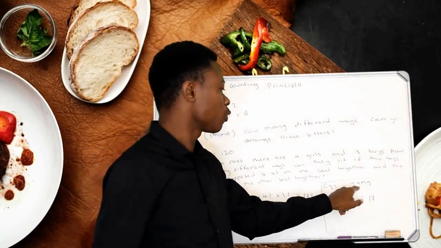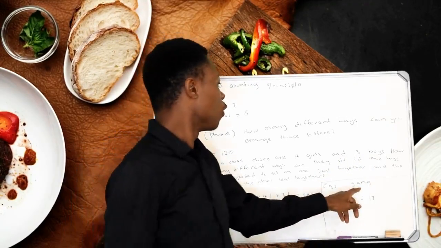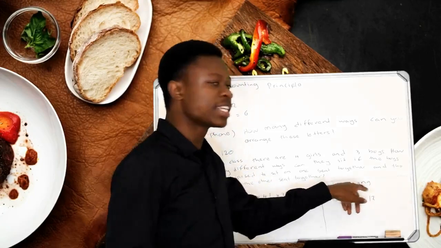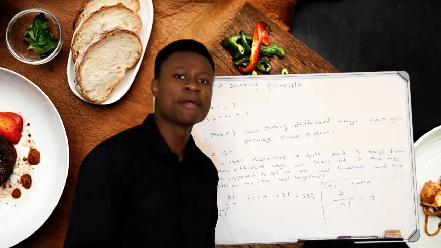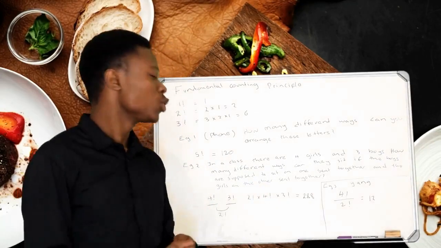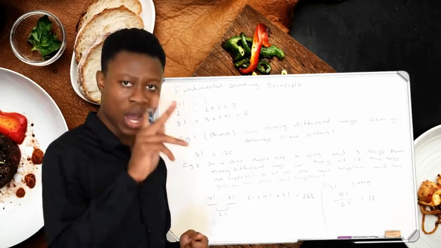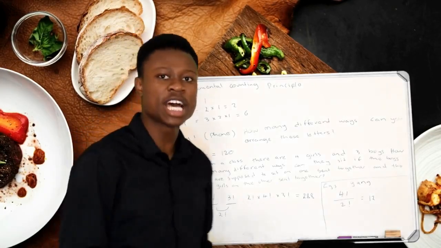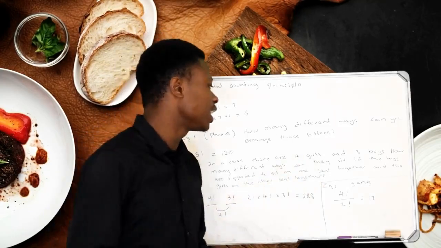The first 2 factorial is for the G's that repeat, and then times 2 factorial for the other letter that repeats, which is A. So it will be 5 factorial divided by 2 factorial times 2 factorial, because 2 different letters repeat twice. If it repeats 3 times, it will be 3 factorial. So that's basically it when we have repeats in a sequence.